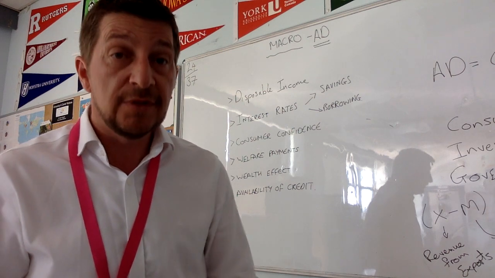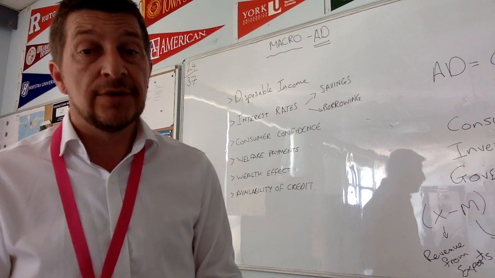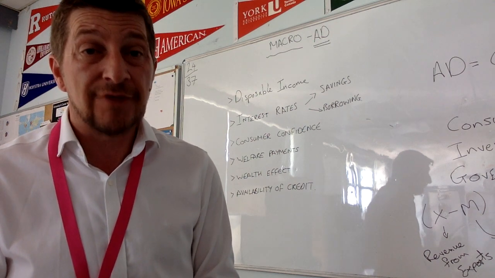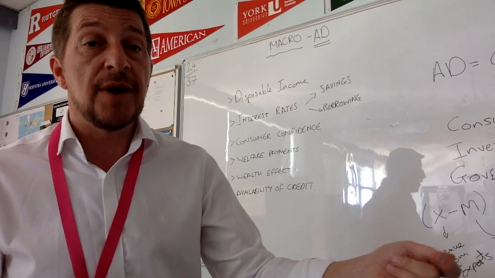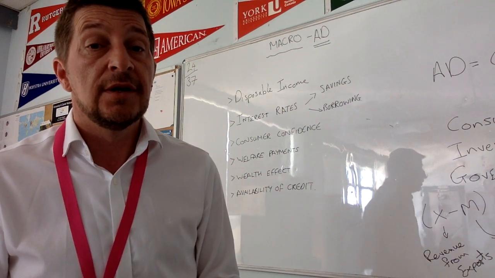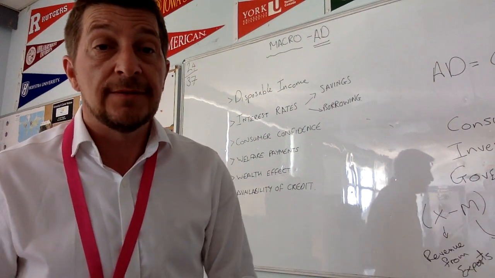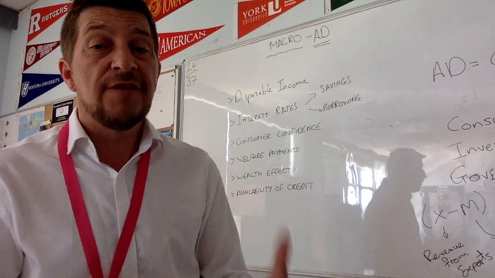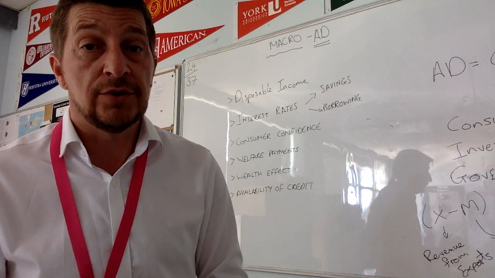Okay, often the government steps in, or the banking sector will self-regulate in order to restrict the amount of access to credit for people. So if I want a credit card tomorrow, I go to the bank, I ask for a credit card. If they give it to me, then I've got 15,000 euros that I can go out and spend. Okay, so the availability of credit is also an important factor when it comes to consumption.